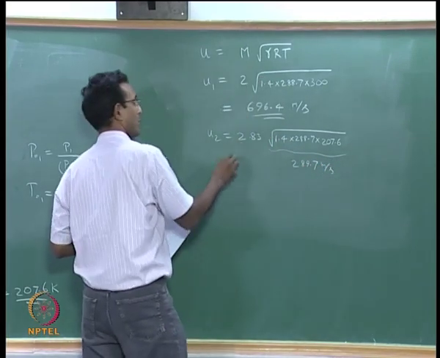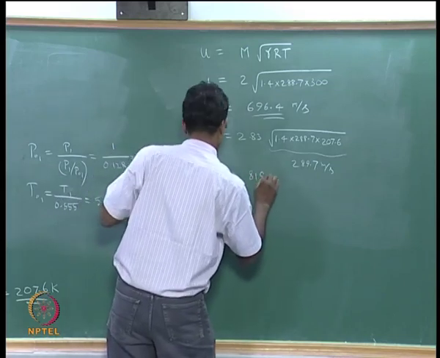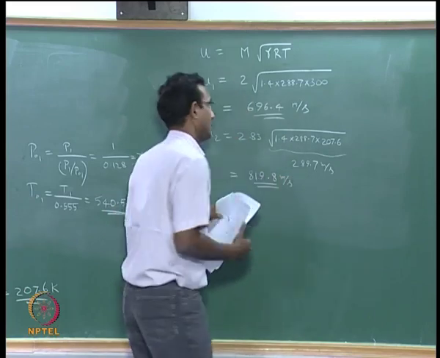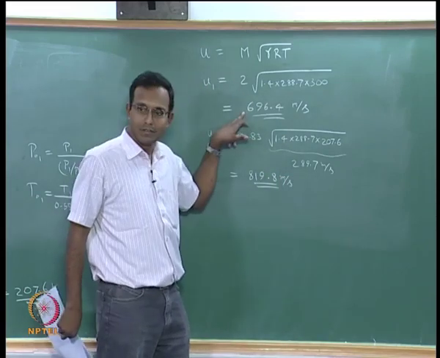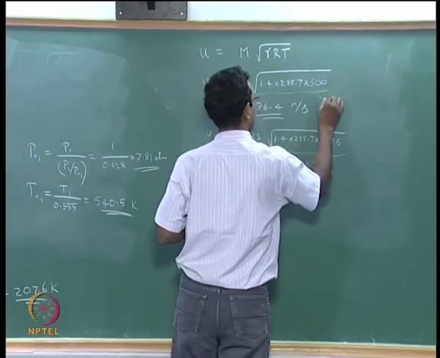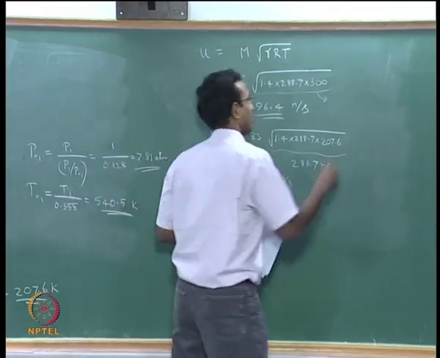This multiplied by 2.83 is my final answer, which is 819.8 meter per second. If I look at the speed of sound here, what will it be? I have to divide this by 2, it will be 348.2.